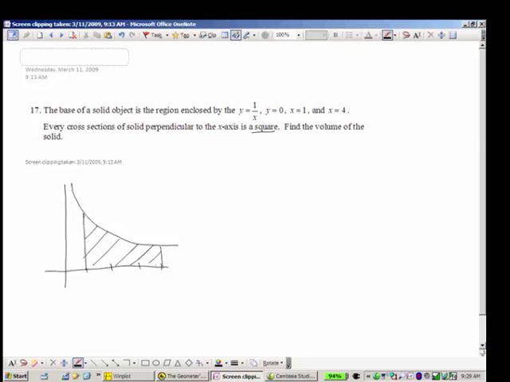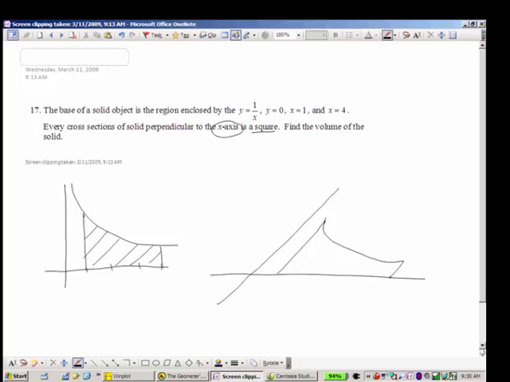I'm going to try my best to tilt the axis and draw it so that's the bottom, and I've tipped it so you can see that. It says every cross-section perpendicular to the x-axis, that's a clue, is a square.